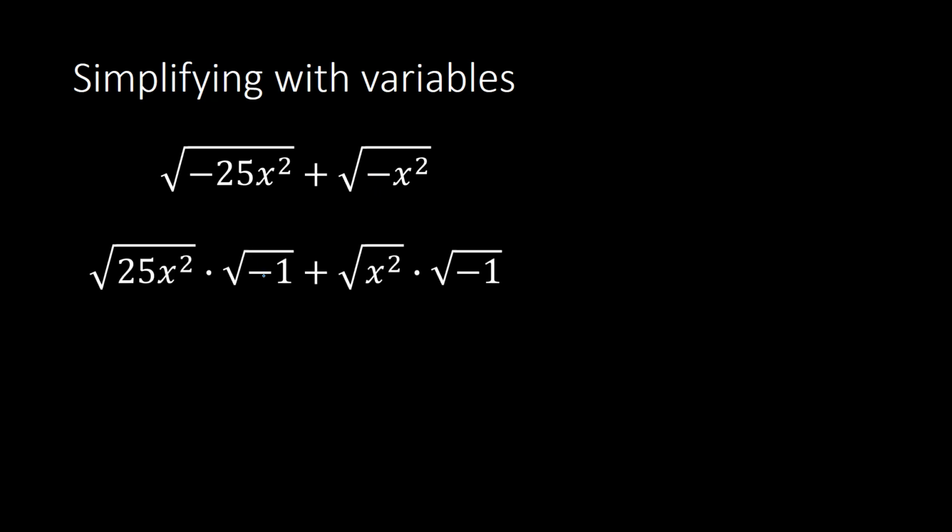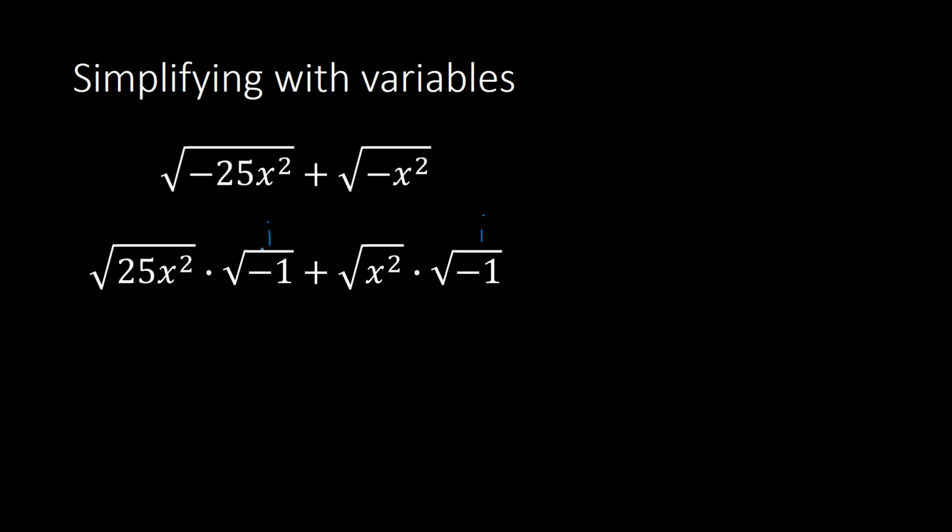Now when you're simplifying with variables, we do the same exact thing, where nothing has changed except now we have number and variable components. So what I like to do first is simplify by getting rid of the negative inside of the radical. So I can pull out that negative component. When I pull out that negative 1, this becomes an i, this becomes an i.